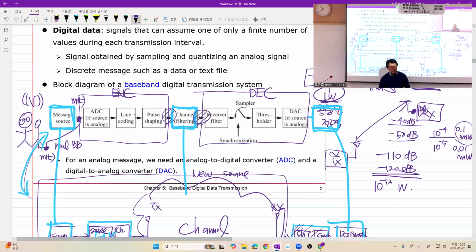However, this digital revolution changed almost everything. So what happens? Except those antennas and amplifiers, and possibly some mixers, most of the parts are now being digital, so converted to digital circuitry.